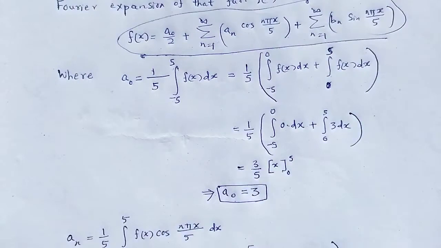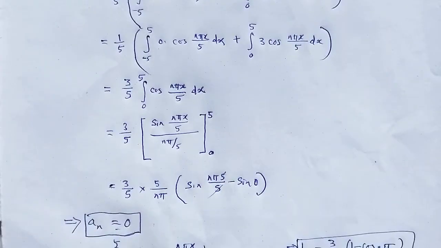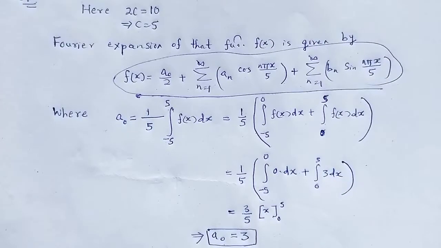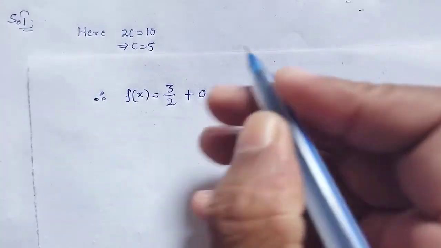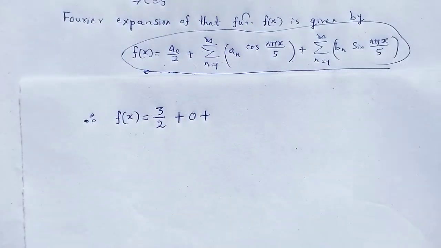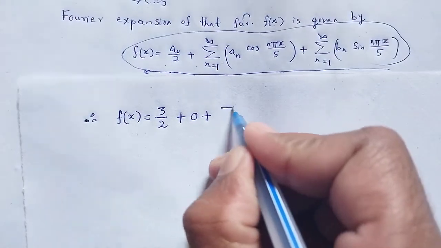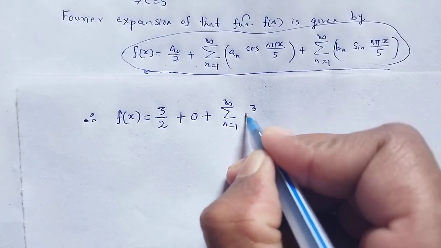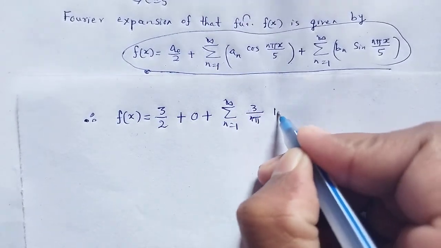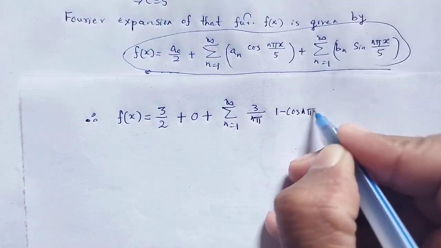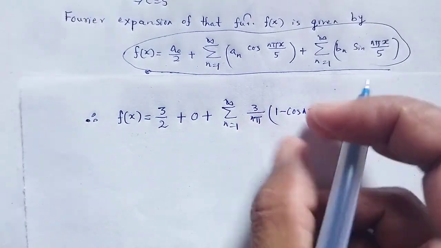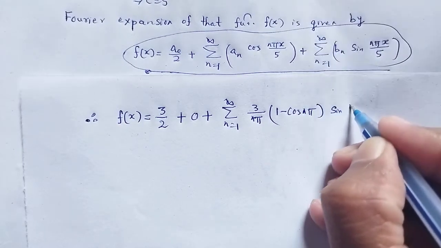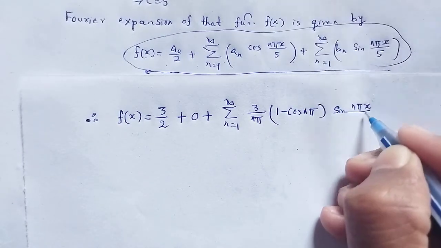Plus an is equal to 0, that's why this total term will be 0, plus in this case Bn exists, that is summation over n is equal to 1 to infinity, 3 by n pi, 1 minus cos n pi, that is the value of Bn, then sin n pi x by 5.